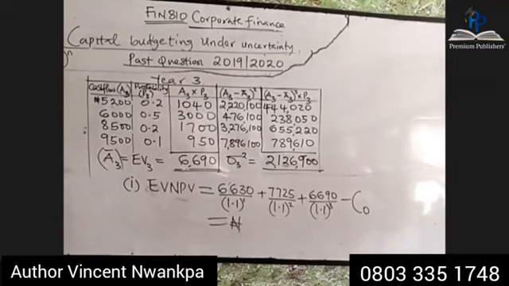So you press your calculator, 6,630, bracket open, 1.1, raised to the power of minus 1, plus 7725, bracket open, 1.1, raised to the power of minus 2, plus 6690, bracket open, 1.1, raised to the power of minus 3.